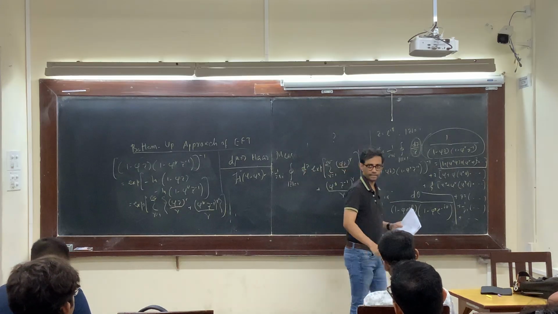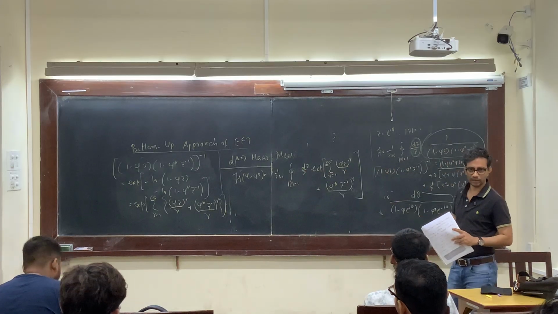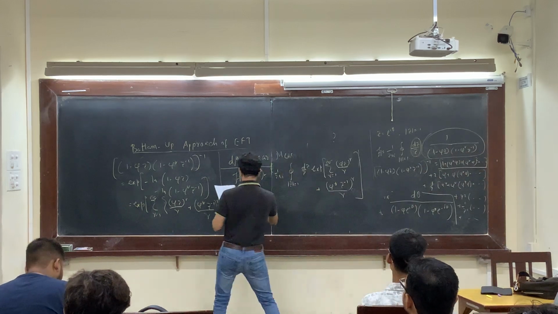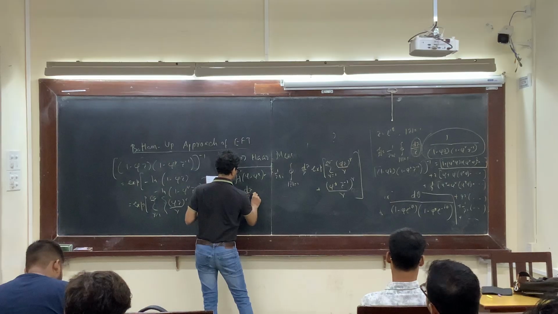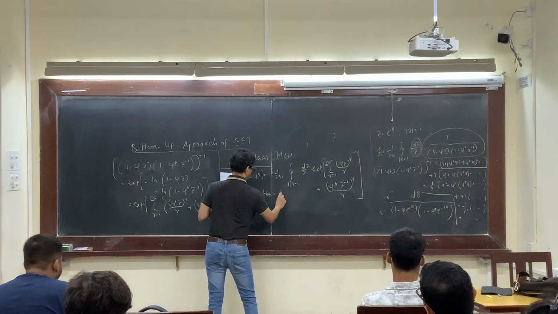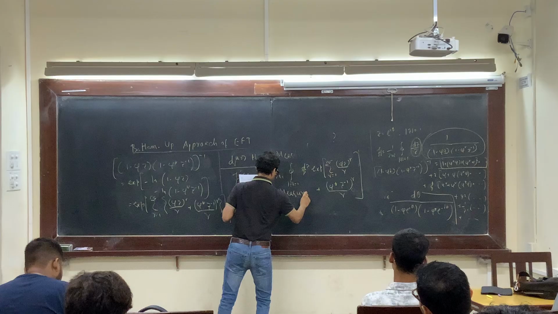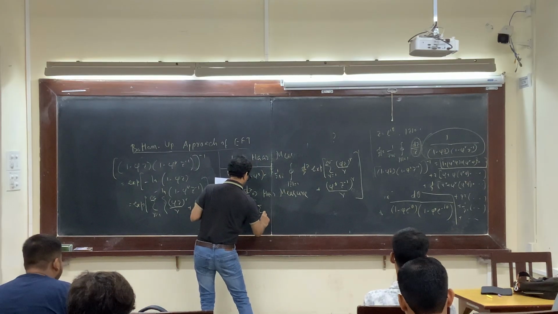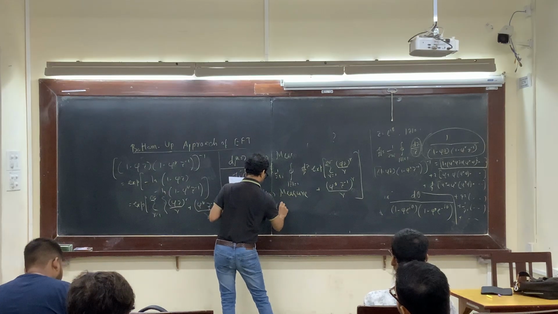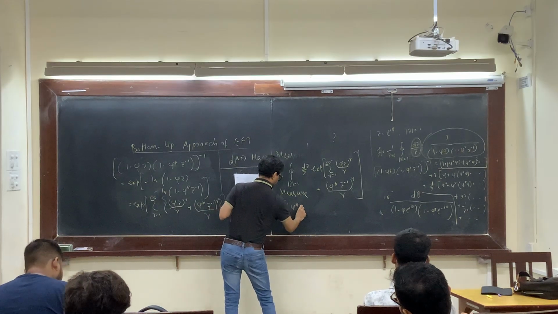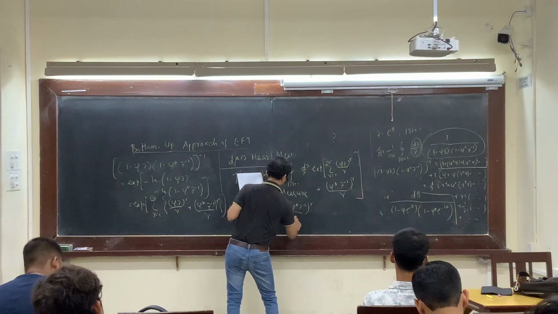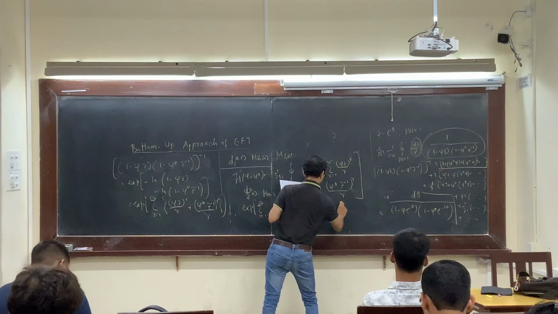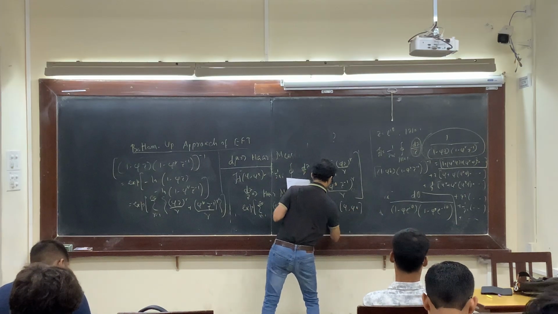It's a much more compact form, and I wrote it in this particular format. Now I identify that this dz by z is my Haar measure, and this quantity, the exponential of the sum over r equal to 1 to infinity of phi z to the power r plus phi star z inverse to the power r by r, is called the plethystic exponential of phi star.